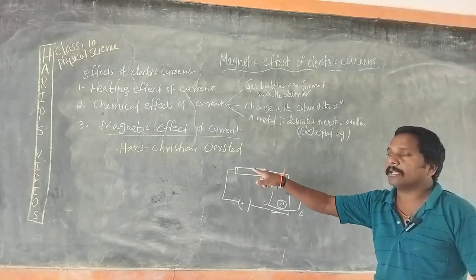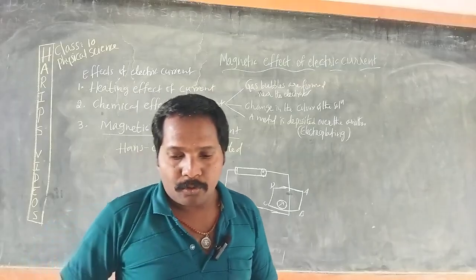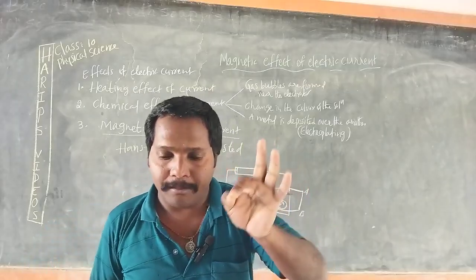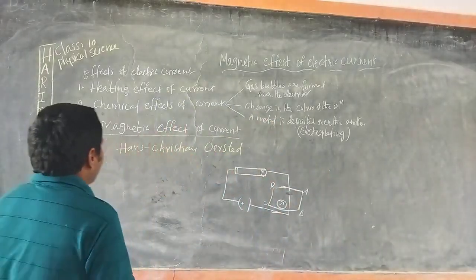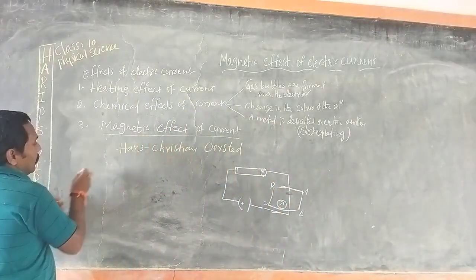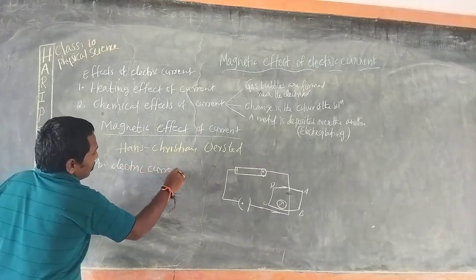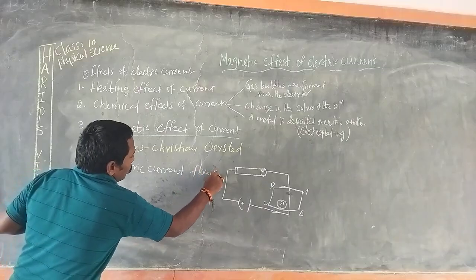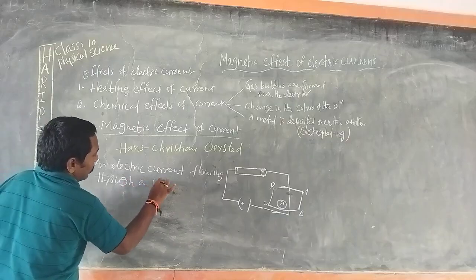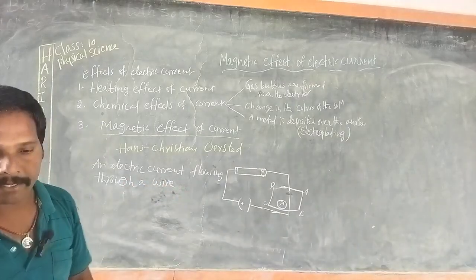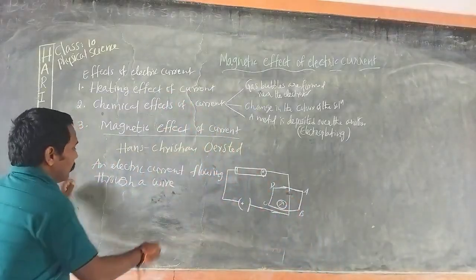So Hans Christian Ørsted. Right. Magnetic effect of electric current means that an electric current flowing through a wire produces a magnetic field around it.